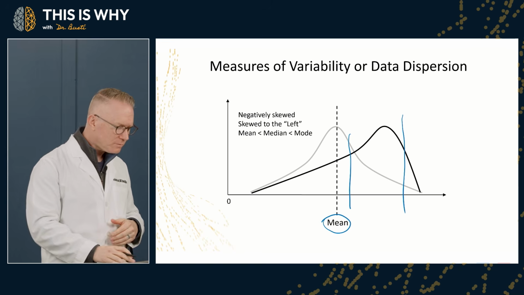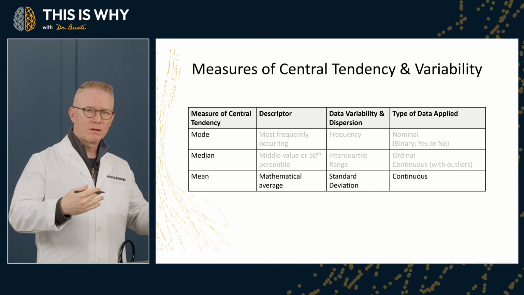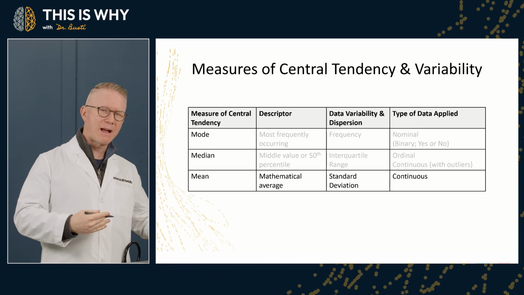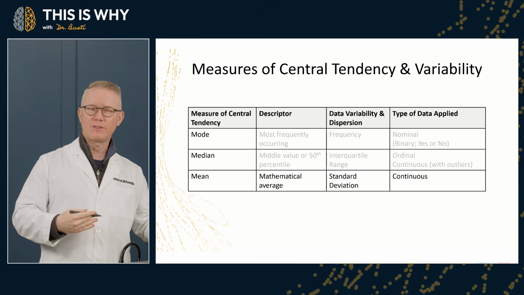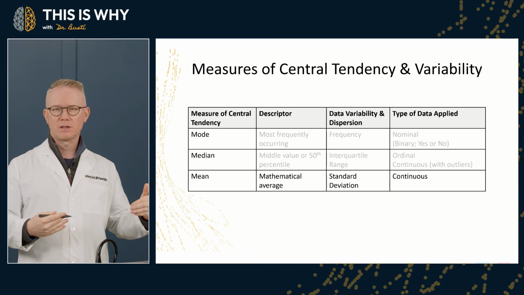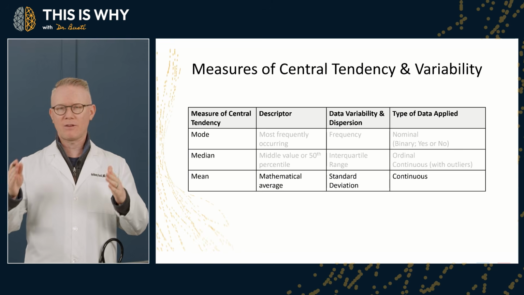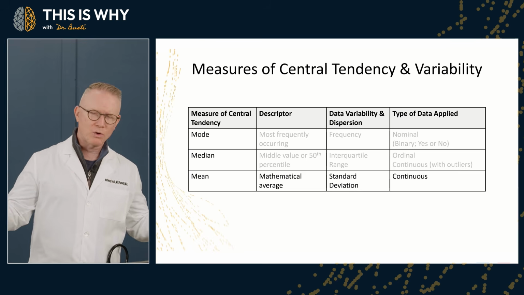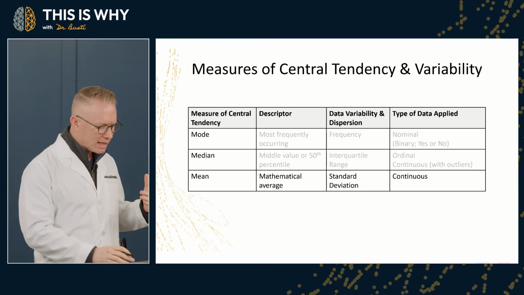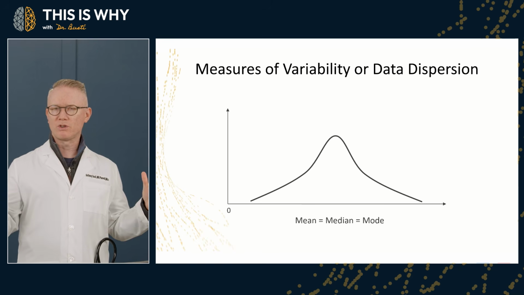Now, as we step into data that we can describe as a mean, we are thinking about the mathematical average. And that's where we can generate things like standard deviations. It's typically associated with continuous data that is meeting and following the various boundaries and rules. Usually it has a larger sample size and no weird outliers. And when you look at it, the data is following a normal distribution or bell curve, okay?